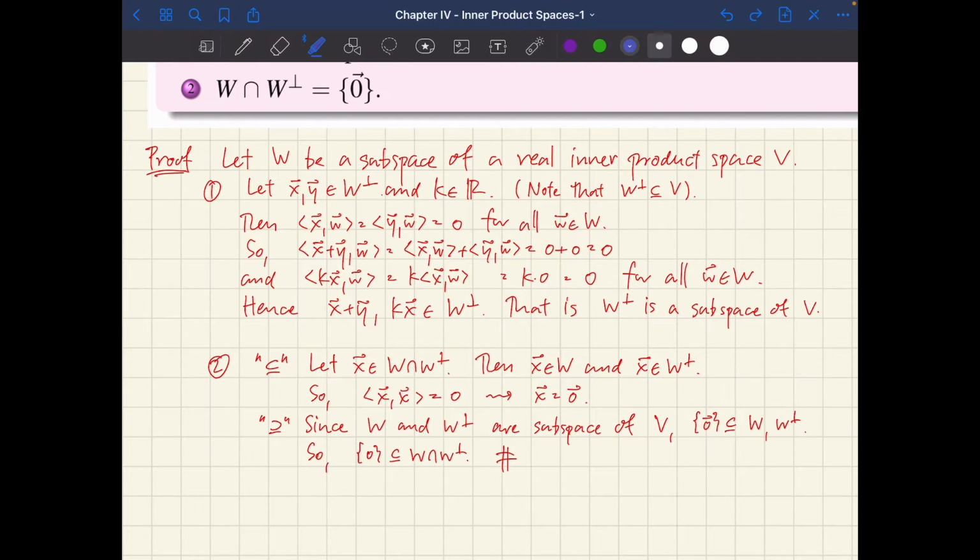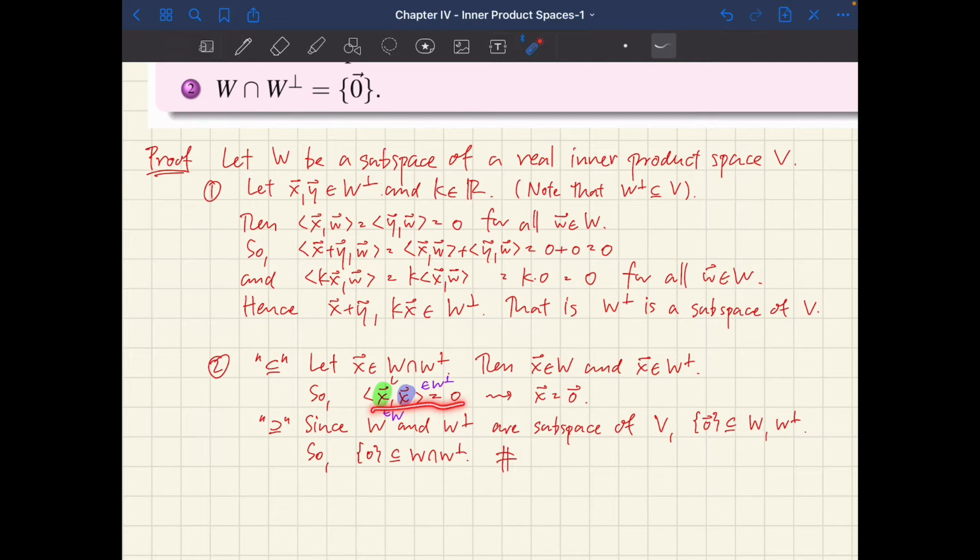I will highlight: the x from the first one is the x from W, and for the second one it is the x from W perp. From the definition of an element in W perp, x inner product with any vector in W is equal to 0, and because x is an element in W, the inner product of x and x is equal to 0.